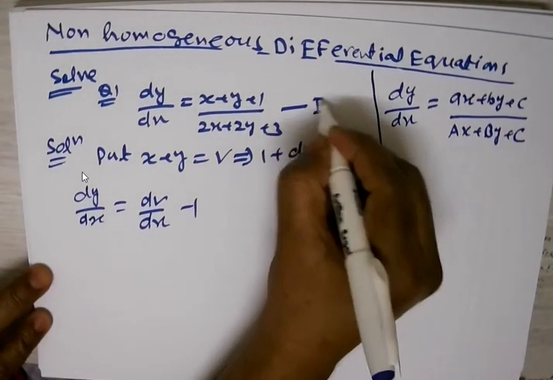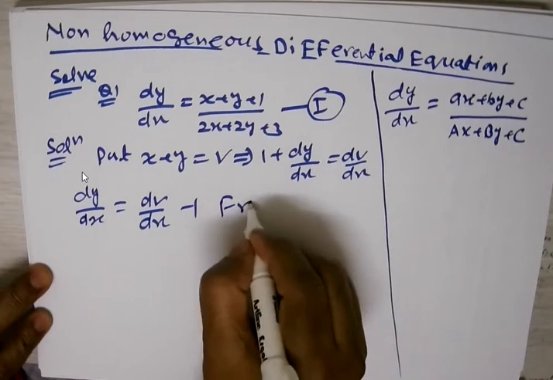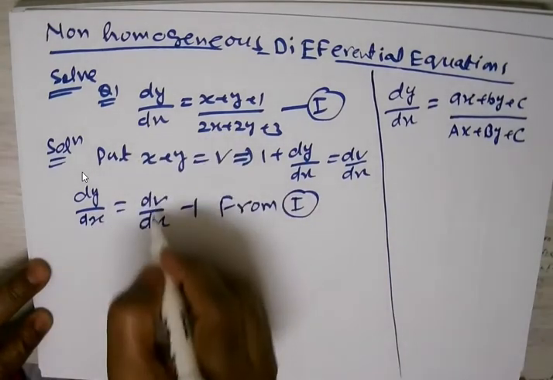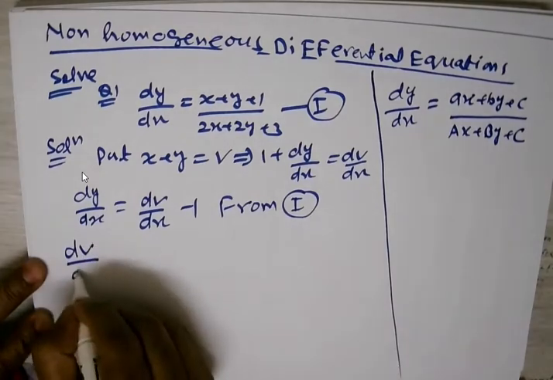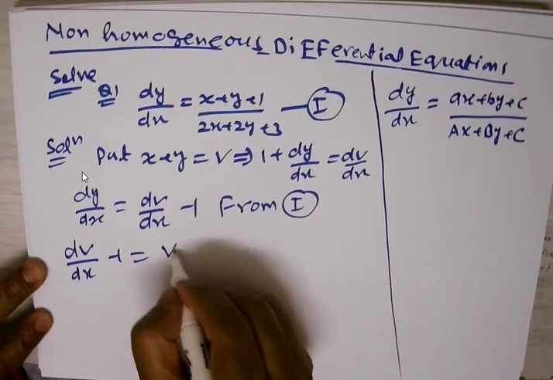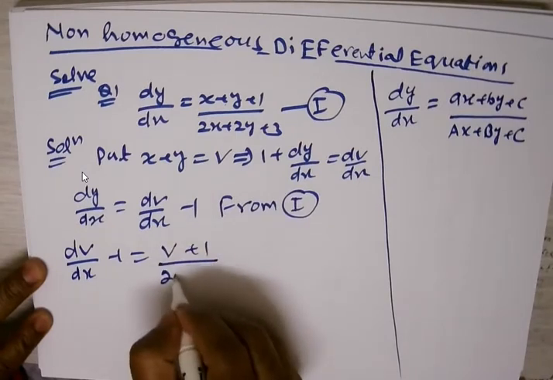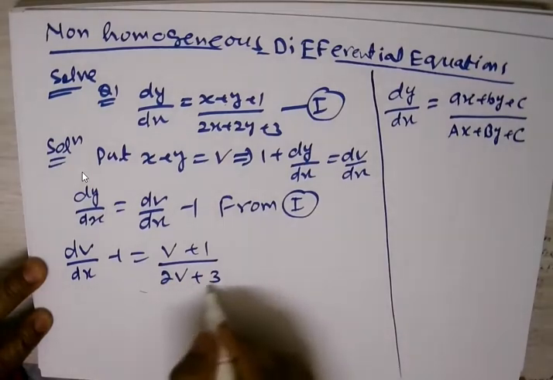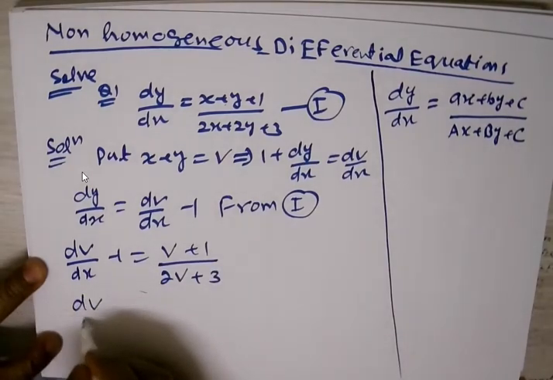Suppose that this is equation 1. From equation 1, dy/dx means dv/dx minus 1. x plus y means v, plus 1, divided by 2v plus 3, because this is 2 times this one. Now replace this here and simplify.